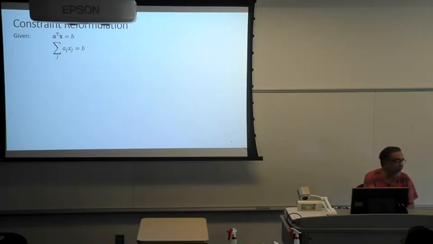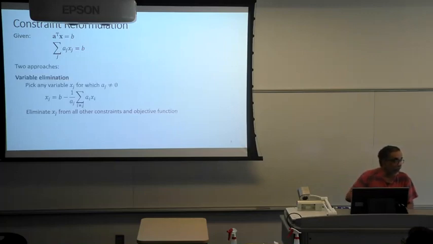Okay, so that's very trivial. So suppose I have one equality constraint of this form, A transpose X equals B. So this is, as a summation, this is what I write. Okay, I have a constraint like this.